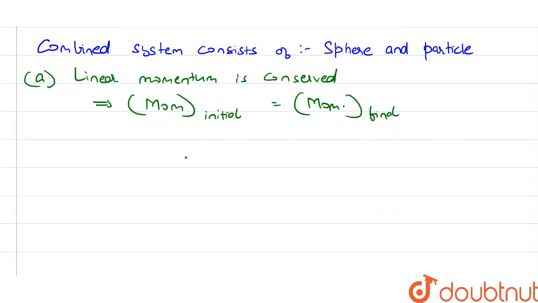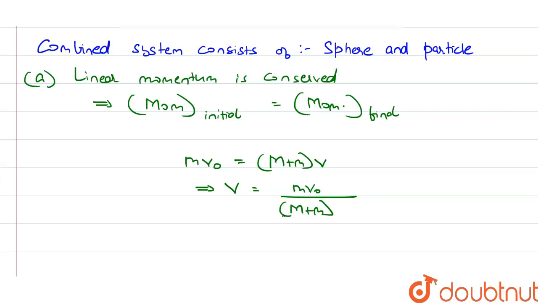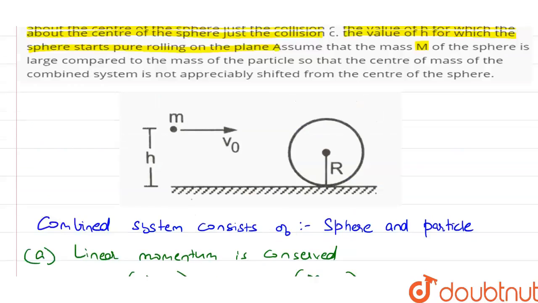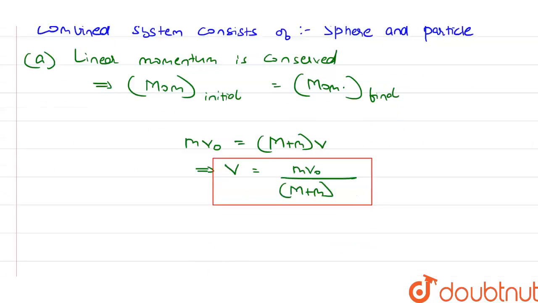The initial momentum is m into v0 and the final momentum is the total mass of the system, that is capital M plus small m, into v. This implies v is equal to m v0 upon capital M plus small m. This is the linear speed after collision.